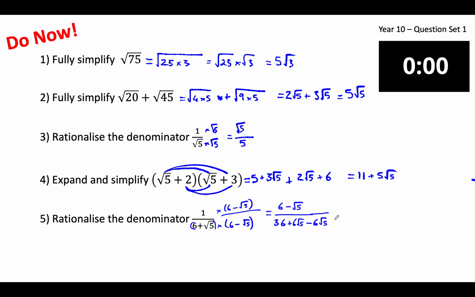And then root 5 times minus root 5 is minus 5, because one's positive, one's negative. Simplify that up. The top will be 6 minus root 5, and underneath, oh, that is a 5, promise. And underneath, 36, remember those cancel out, disappear. 6 take away 5. Sorry, 36 take away 5 is 31. So 6 minus root 5 over 31. Okay, right, off to the task you go.